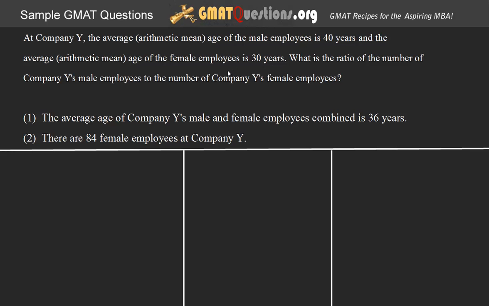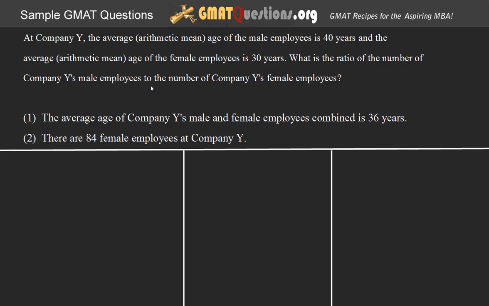The challenge now is to use that information to find the ratio of male to female, and sometimes you're asked to find the combined average, which is a weighted average. Really it's a weighted average because we have two groups and we don't necessarily know how many people are in each group.